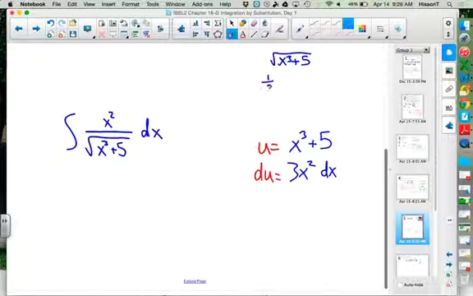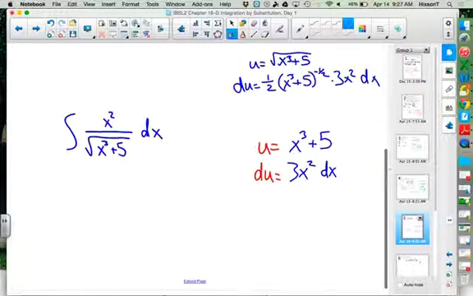So you had 1/2 times x cubed plus 5 to the negative 1/2 times 3x squared. And you look at that and you look at the integral and you're like, okay, if I make that my u, there's no way I'm going to be able to get a du in there.